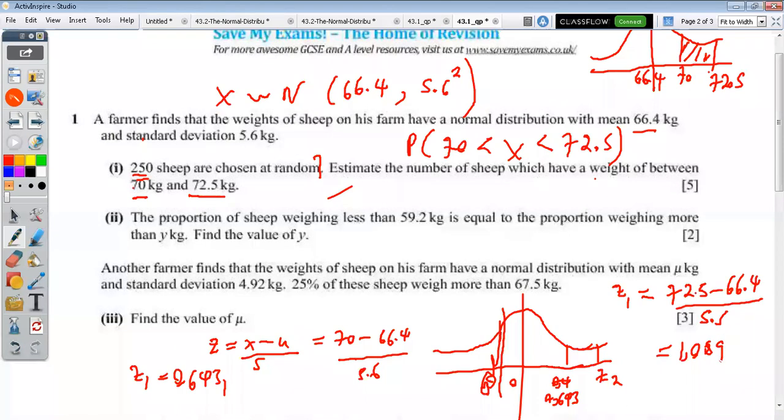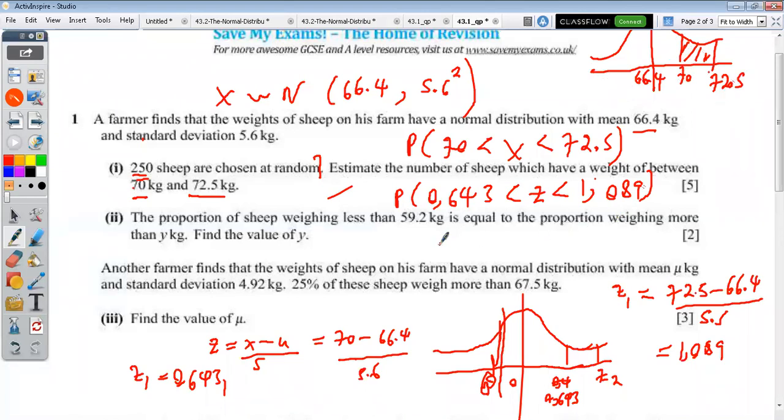Okay, because we now know these values, this is now the probability that 0.643 is less than Z, Z is less than 1.089. This is easy because both are positive. So if I do phi of this minus phi of this, that's how easy that is.